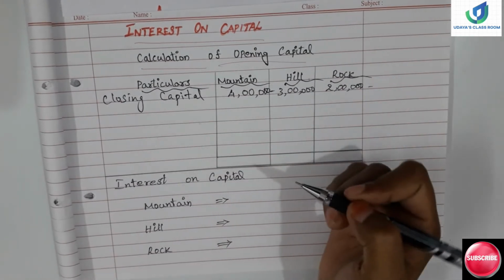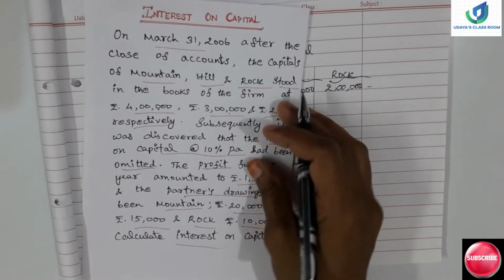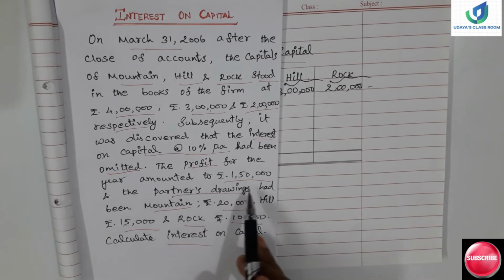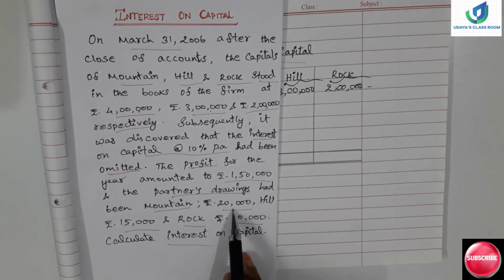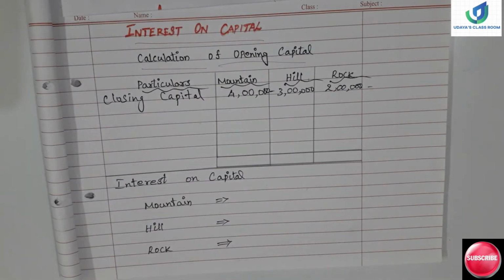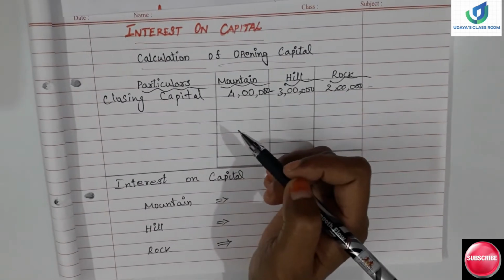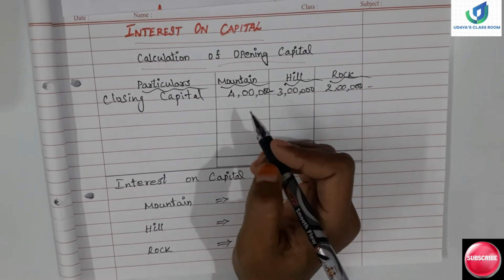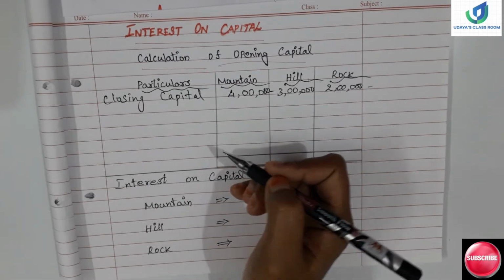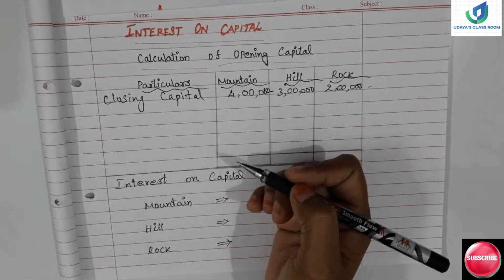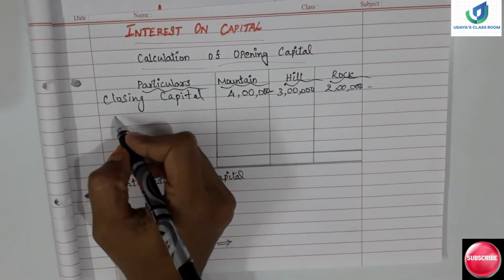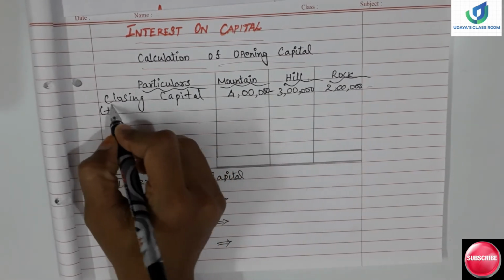Next information we have is drawings, right? So the drawings amount of the partners is 20,000, 15,000, 10,000. Drawings usually are deducted from the capital, but in order to find out the opening capital from the closing capital, we have to add the drawings.